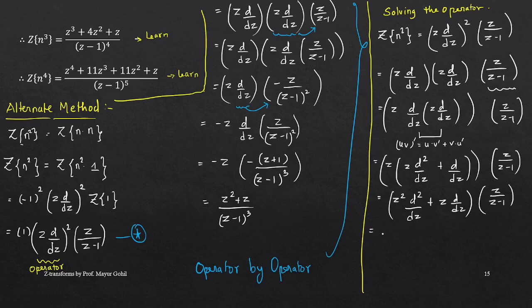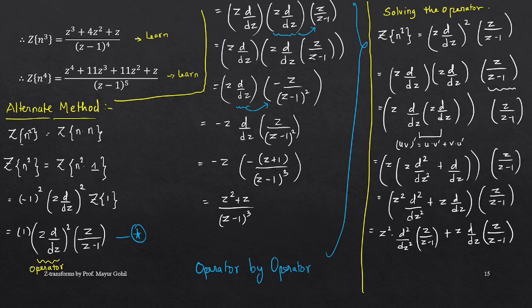Now when I do this, I get z square d square by dz square, this is square over here, then this is z over z minus 1 plus z d by dz operating over z minus 1.